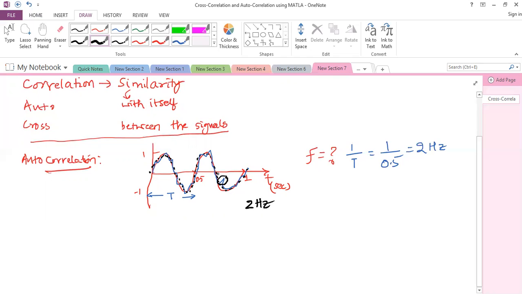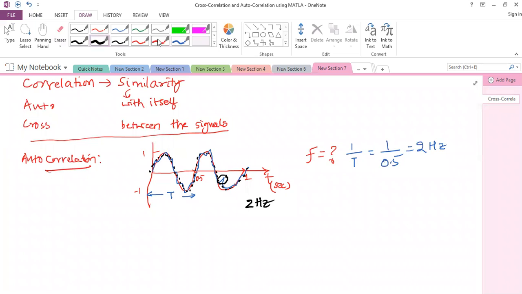But what if the noise was much more? Again, I will draw one more signal. So assume this is a sine wave, okay, and the noise is so high.